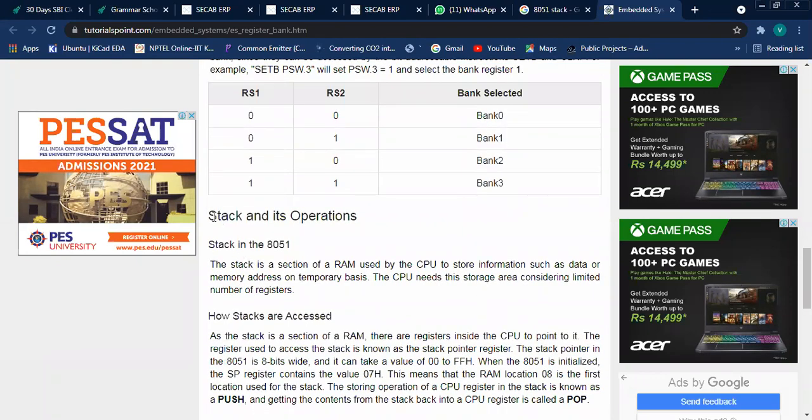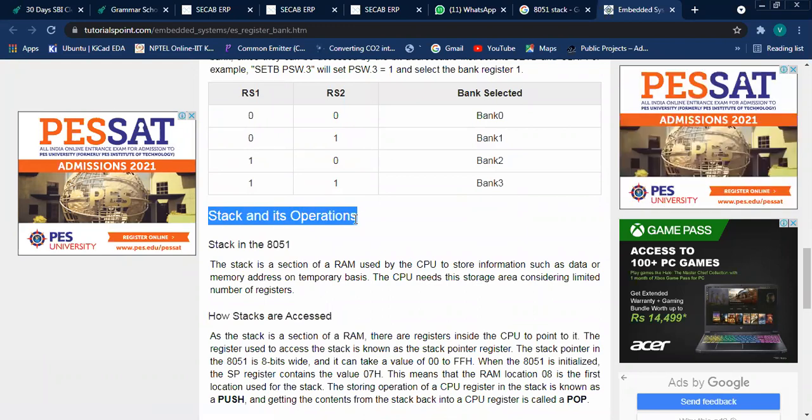Then comes the stack operation. We came to know that there is a stack memory, the same memory which is reserved from 08H to 1FH.